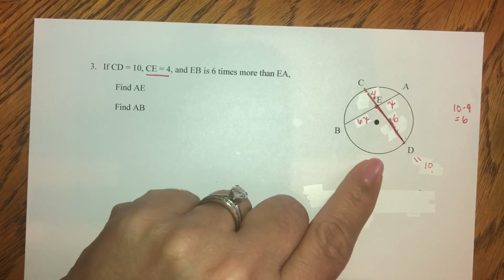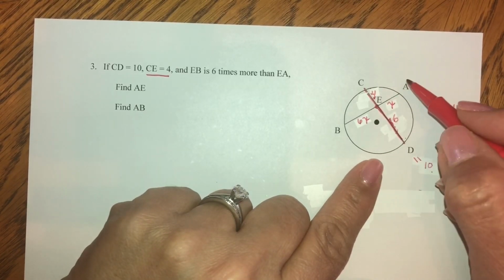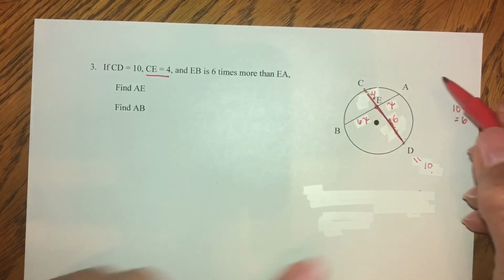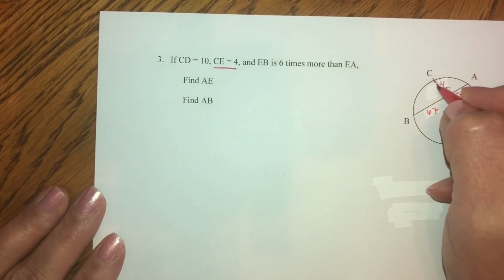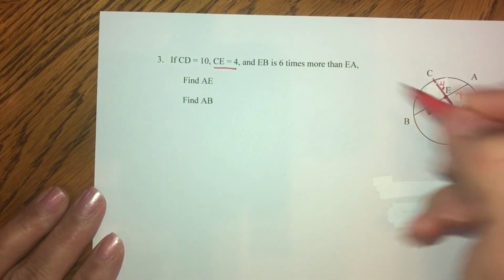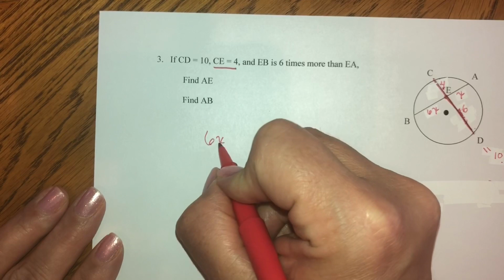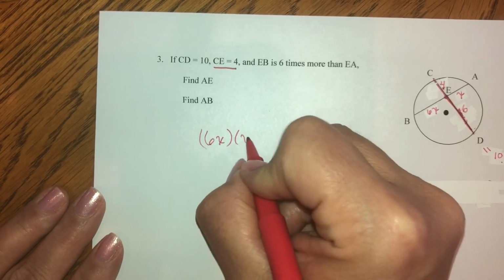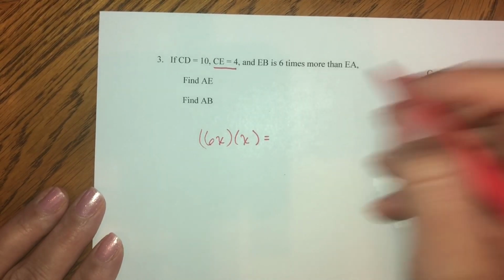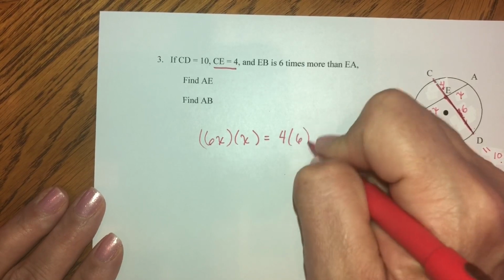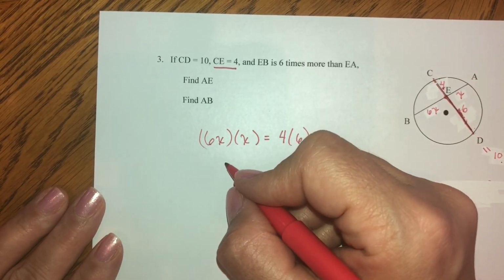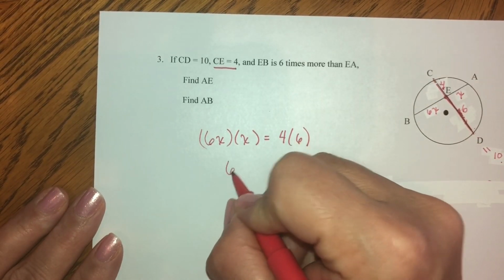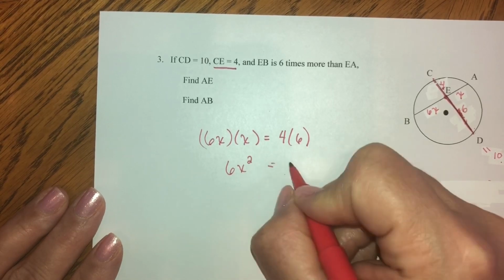Okay, so now I'm back to that same rule that we talked about on the front, where I am going to do part times part equals part times part. In this problem, that means I'm going to have 6x times x is equal to 4 times 6. That means when I work this through here, I'm going to have 6x squared equal to 24.